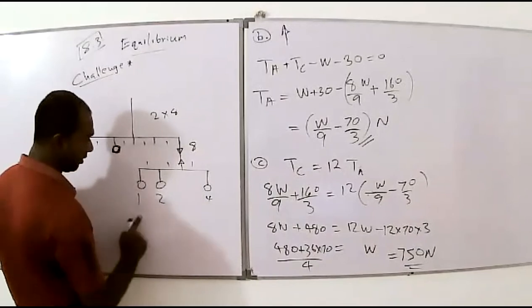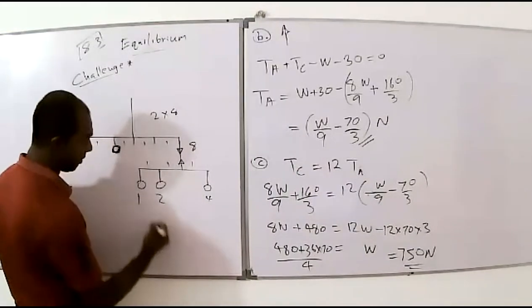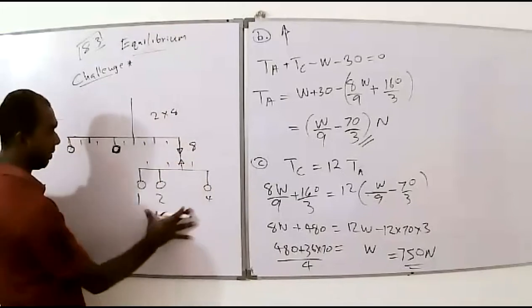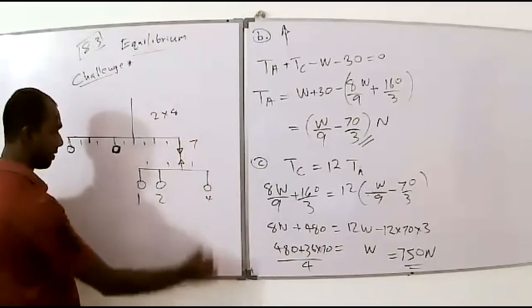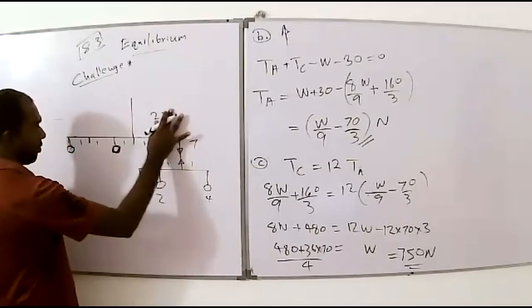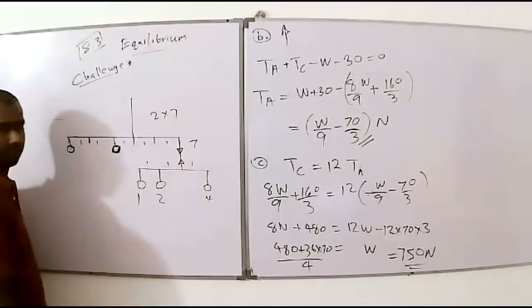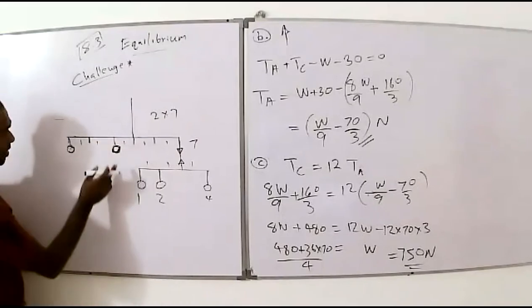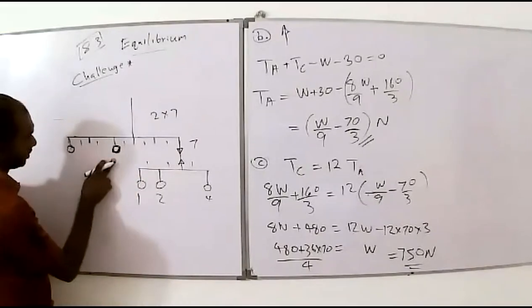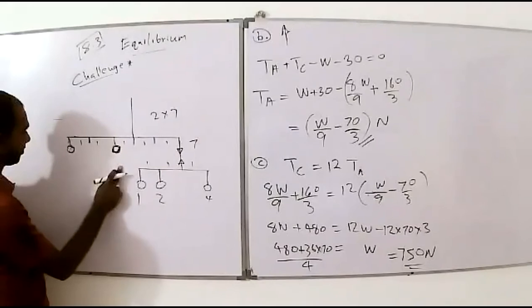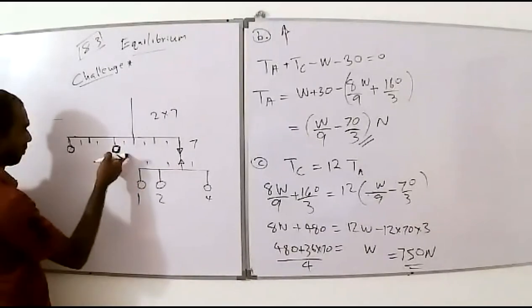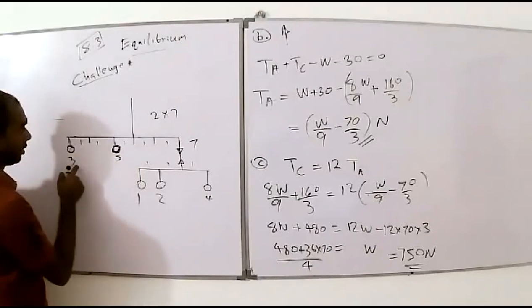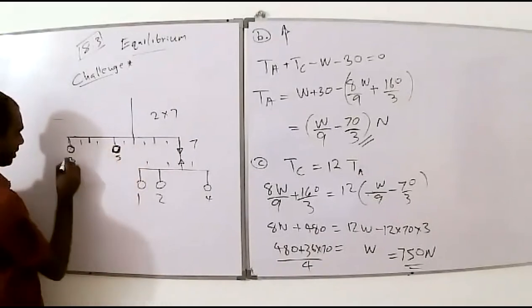Now it is balanced, no? Yes, 1, 2, 4 will be correct here. Then the total will be how much? 7. So 7 into 2, we have to balance by 14 here. How can we build 14? Where can we put 3 and 5? If we put 5 here, it's going to be 15. No, it's not going to work. We put 5 here, 3 here. 3 into, yes, very good, correct.